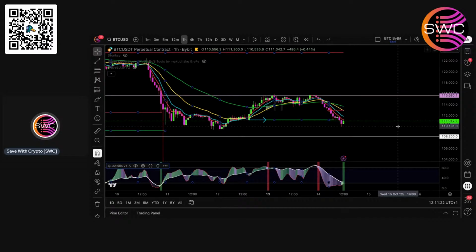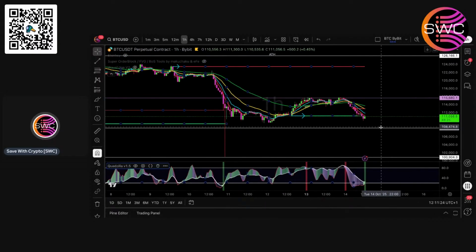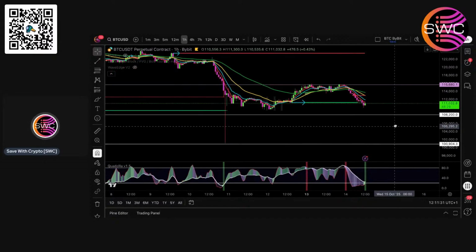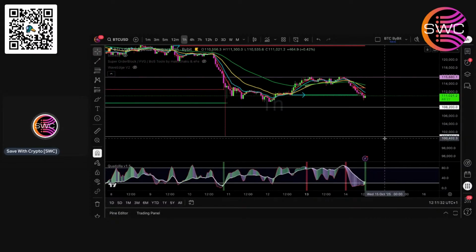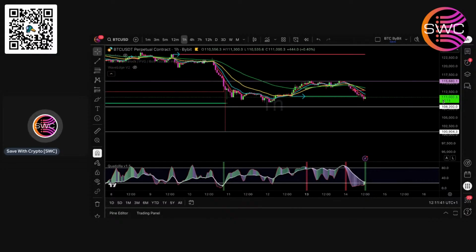I had also drawn in these other levels below. So we got this one here at 108, which we've been talking about for a while. I do think at some time we will come down there, and also this one here, that's just over 100.9. Those are both weekly levels that we will probably hit at some point, but it doesn't have to be just yet. So there's that.